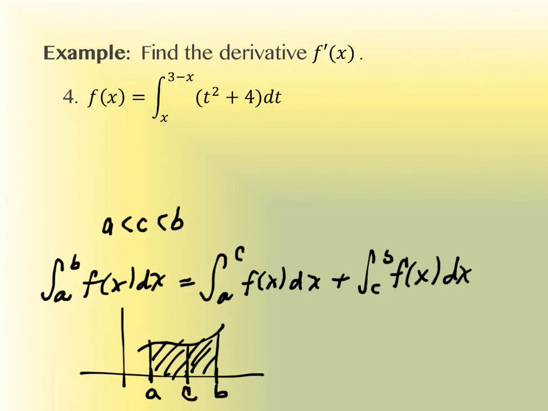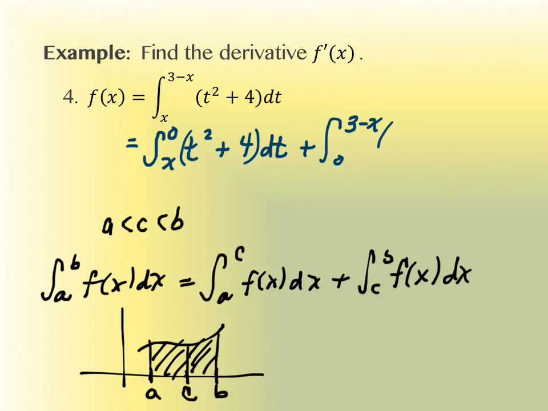Well, that's what we're going to do on this problem. We're going to break this apart at the value that we want, which is the number 0. So we're going to take the integral from x to 0 of t squared plus 4 dt, plus the integral from 0 to 3 minus x of t squared plus 4 dt.